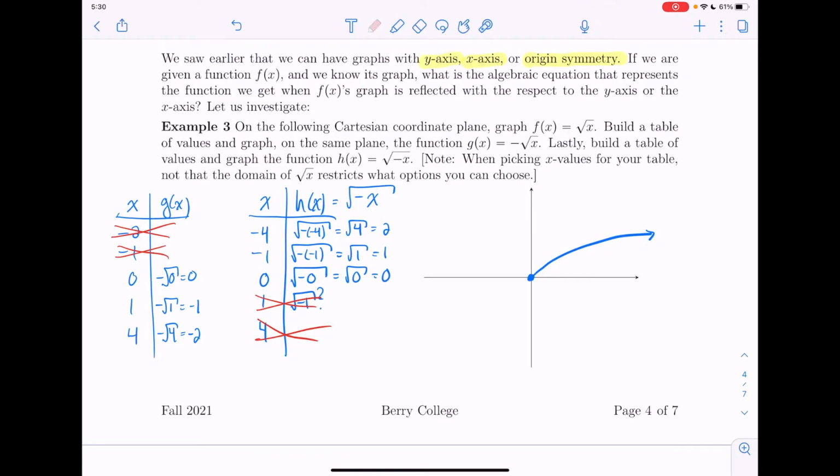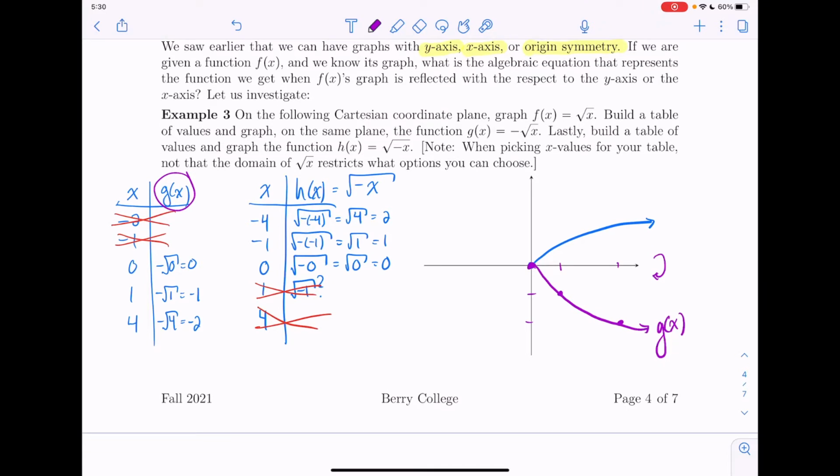So let's graph what we can. Let's graph g of x first. We plot the points 0, 0, 1, negative 1, and then 4, negative 2. Play connect the dots, and it looks like this. This is g. It looks like we've exhibited x-axis symmetry.